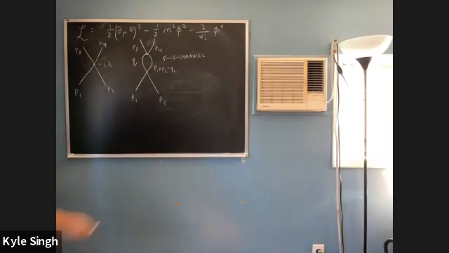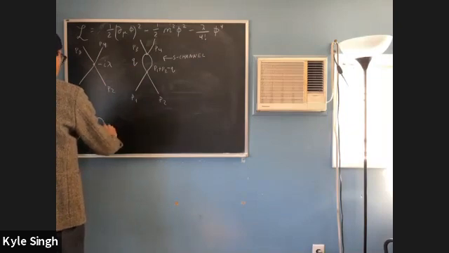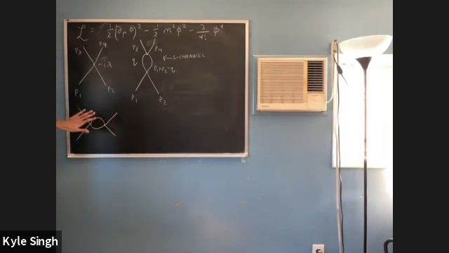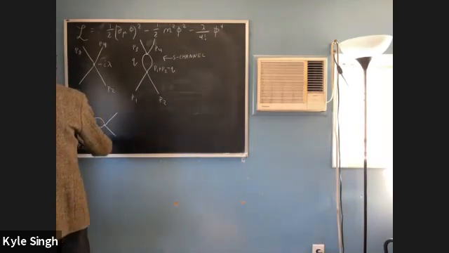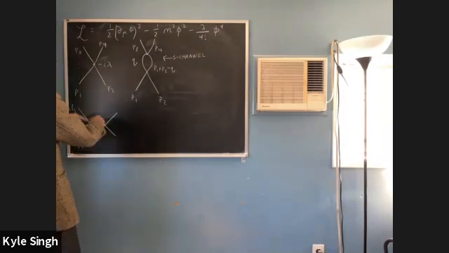Let's write down the T-channel process. That just flips this guy just flips it this way, right? That's what we're doing in the T-channel. And again, now we get P1, P3, because now they're going in from this way.